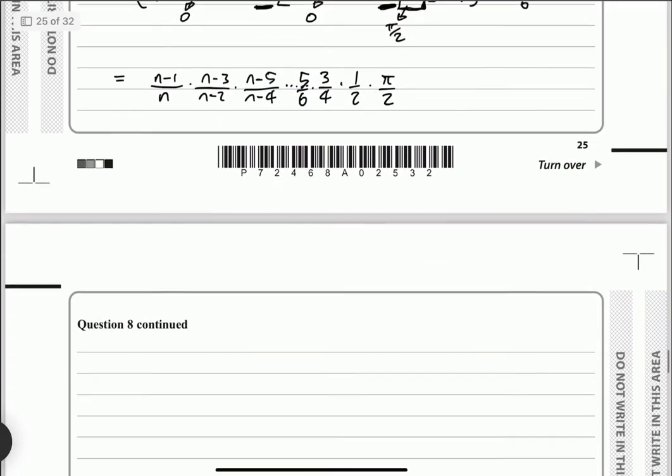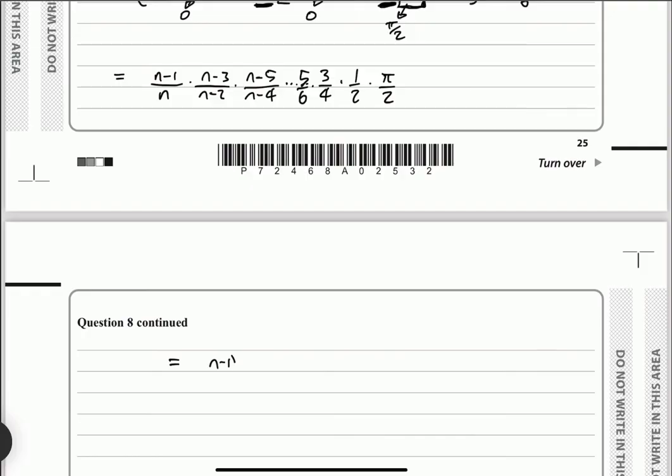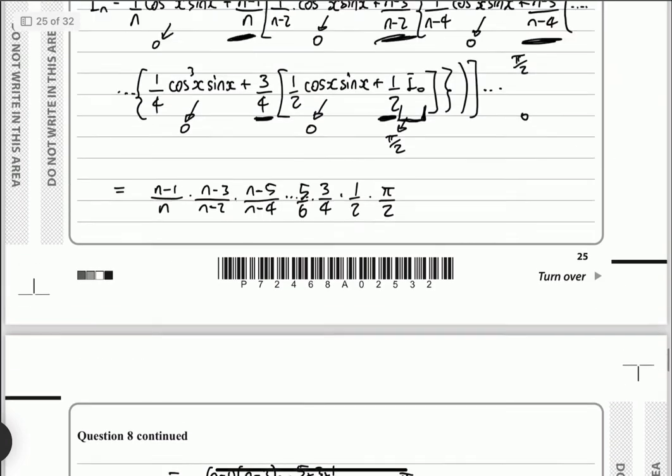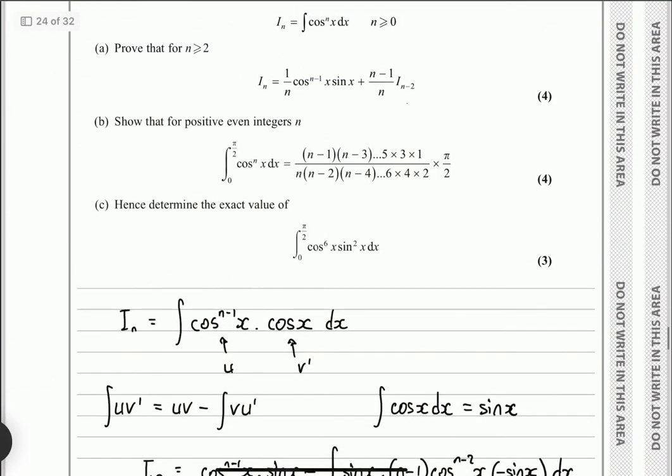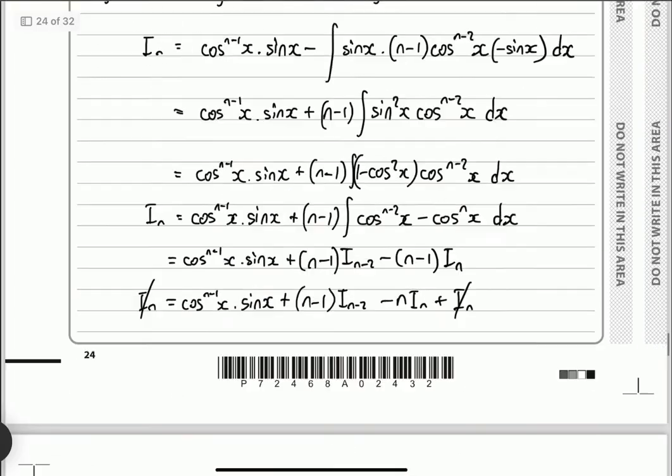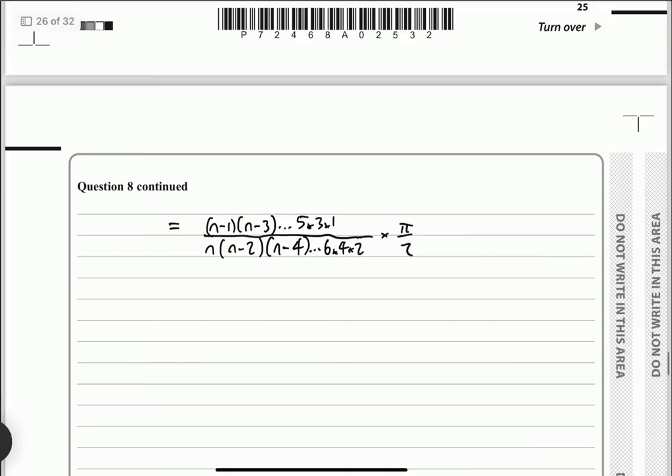Okay, putting that all together, and then we've got n minus 2, n minus 4, 6, 4, 2 times pi by 2, which I think is how they wanted it written. Yes. So from 0 to pi by 2 of cos to the n x dx, we have this.